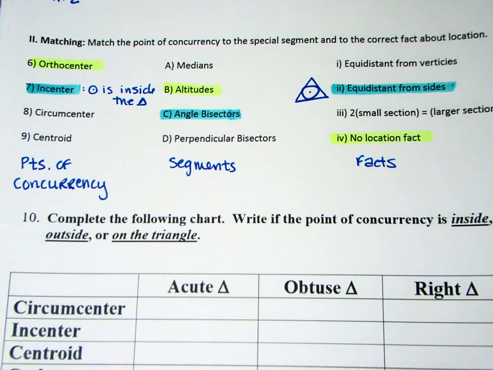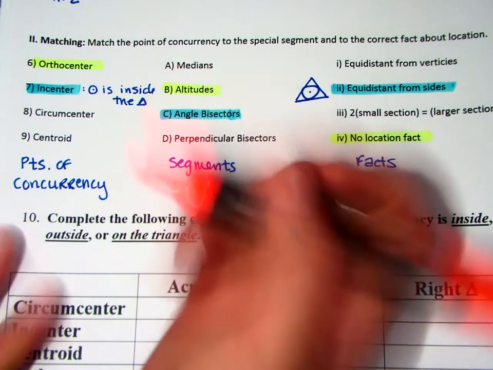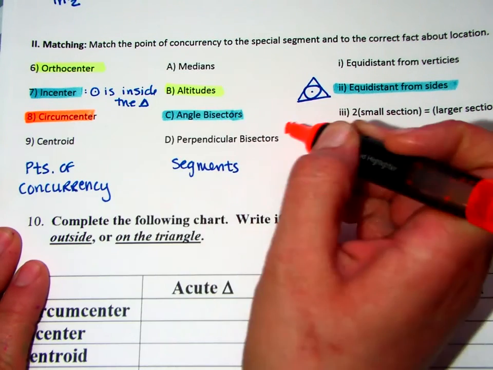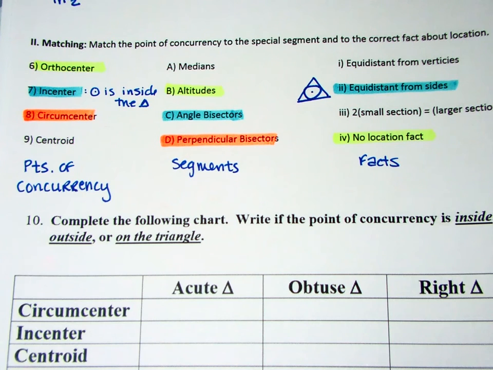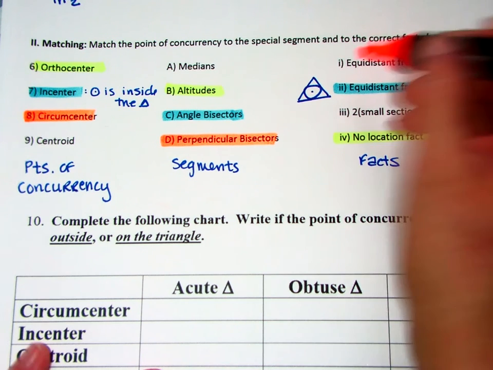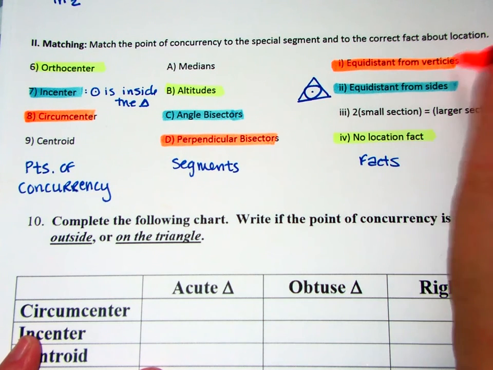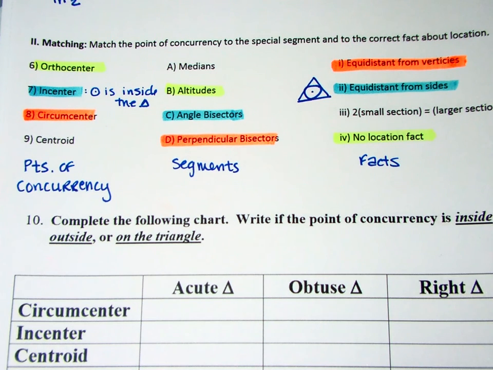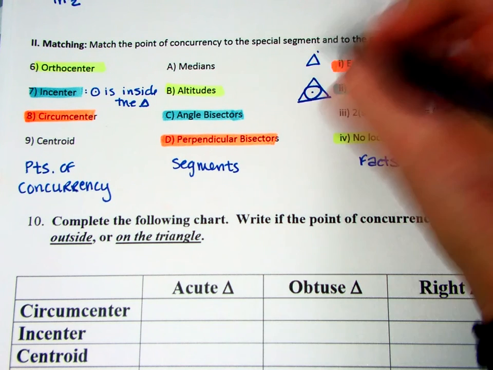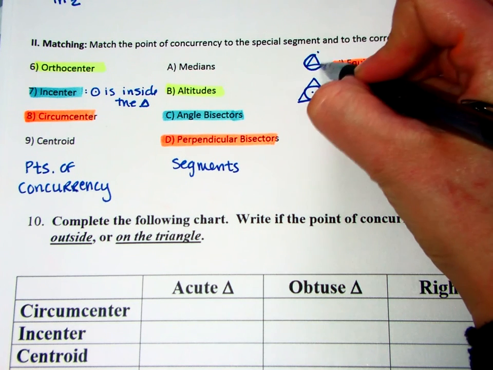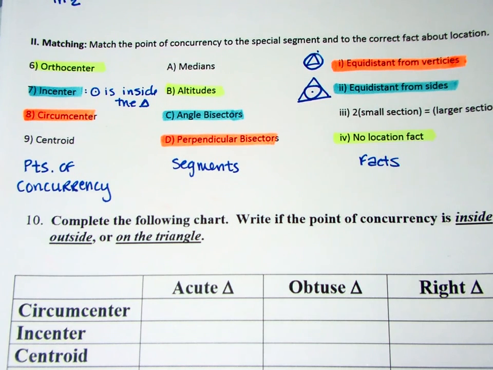The next one we have is circumcenter, and circumcenter corresponds with perpendicular bisectors. When perpendicular bisectors intersect, they're equidistant to all of the vertices of the triangle, which is just a fancy way to say that the circle is outside of the triangle.